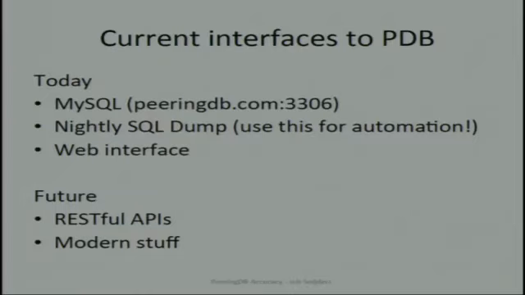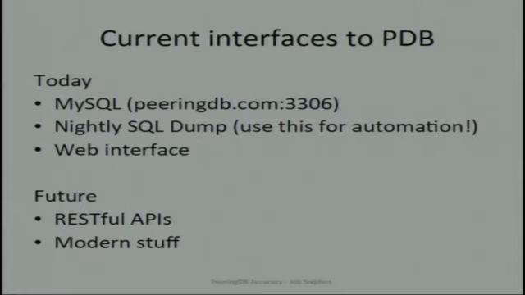PeeringDB offers various interfaces for automation. You can talk SQL against the PeeringDB server. I don't really recommend using this because it tends to be a little bit slow. Also, every night around 1 or 2 a.m. standard time, a dump of the SQL database is published on an HTTP URL, and you can import that on your own SQL server and hammer the hell out of that.